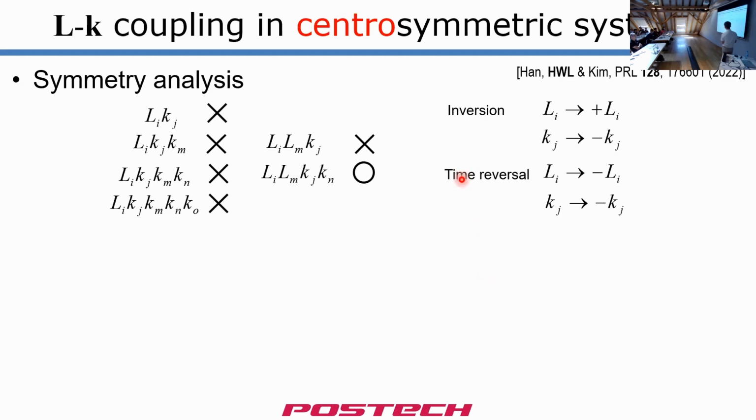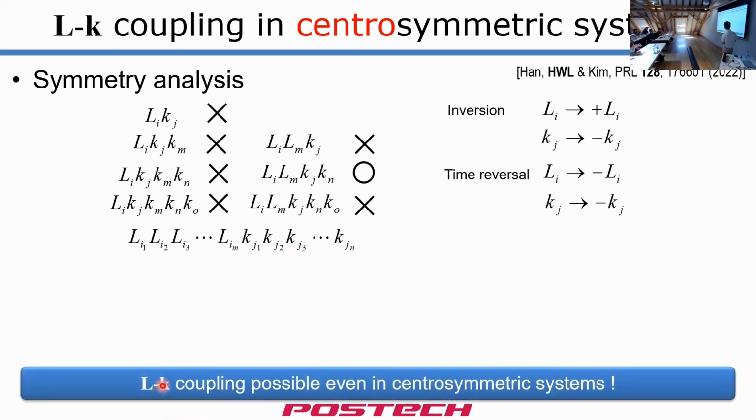So symmetry does not prohibit orbital angular momentum from being coupled to crystal momentum, although the coupling requires a bit higher order. And this is not the only example. If we write down many possible couplings with even order of L coupled to even order of K, they are all allowed, symmetry-wise. So LK coupling is possible even in a centrosymmetric system.